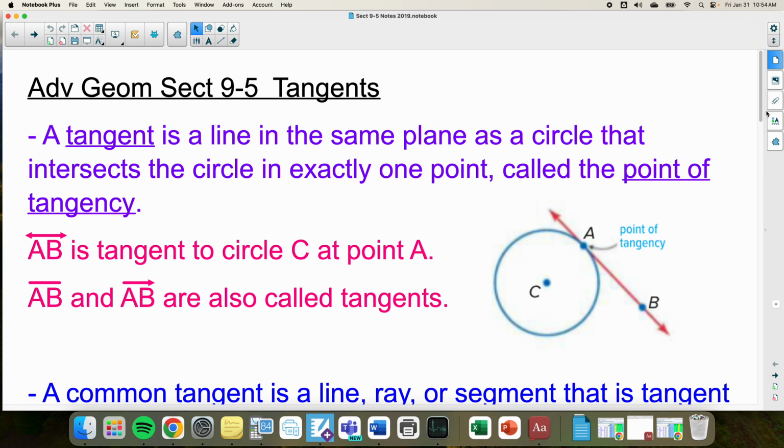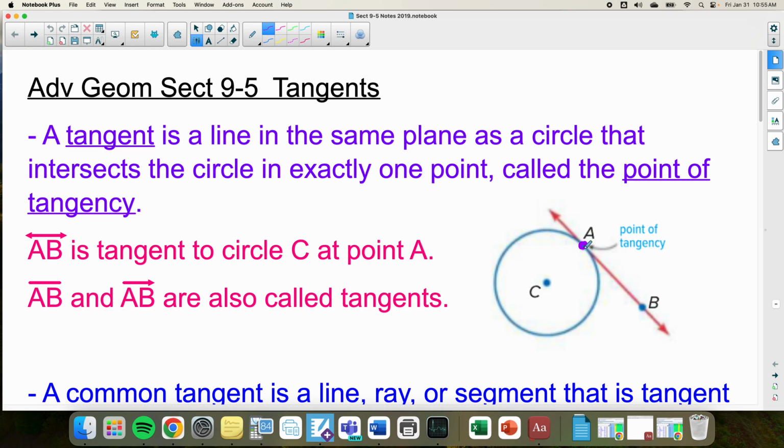Alright, so what we are going to do today is learn about tangents of a circle, okay? If you think about things that we've learned so far, we've learned about radii, diameters, and chords. Today we're gonna learn about a special line, or it can be a segment, that touches a circle in one point.